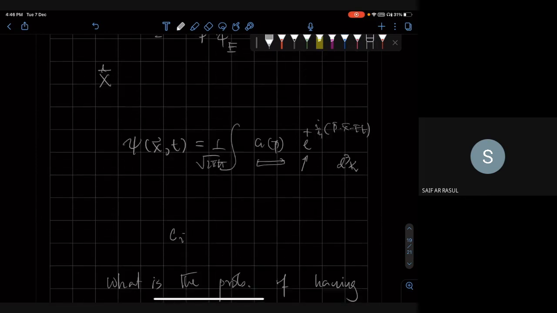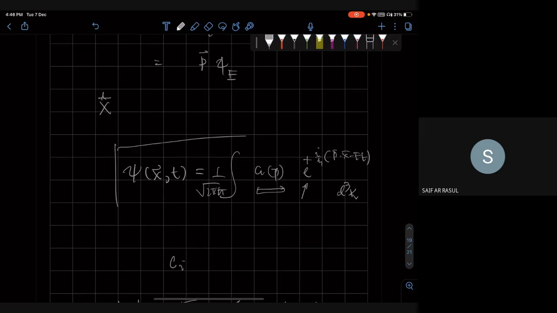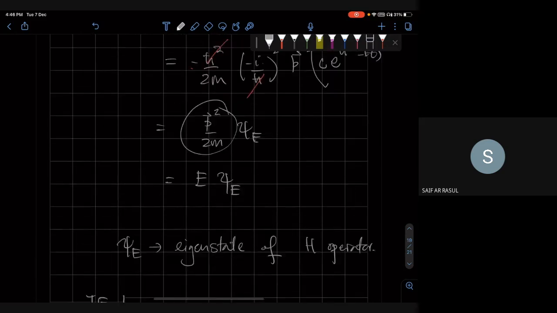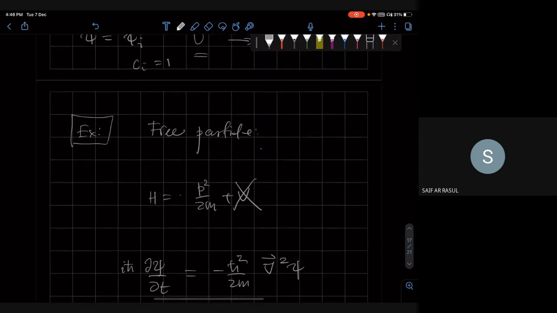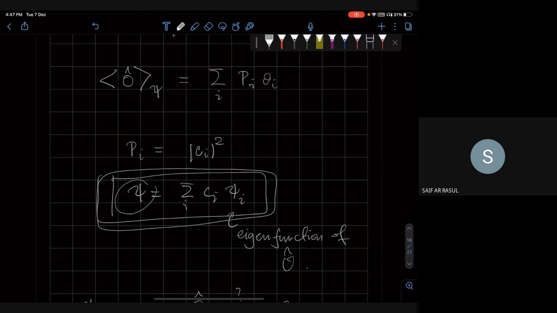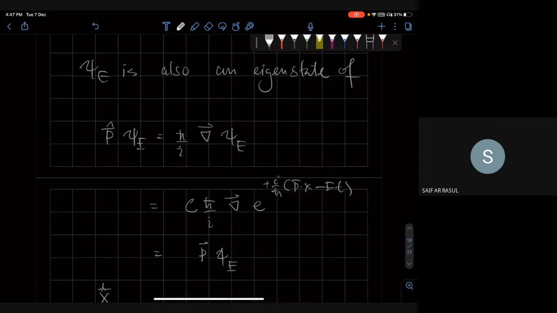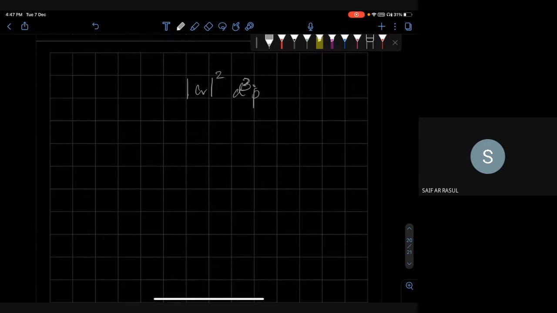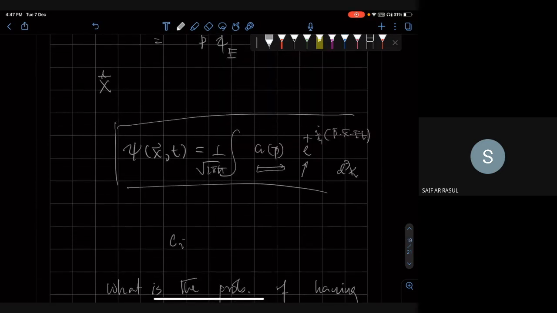So what I want to say is that this equation is analogous to this equation. In this equation, we were taking any old state and expanding it in terms of eigenfunctions of O. And here, we're taking essentially any old state and expanding it in terms of eigenfunctions of p.